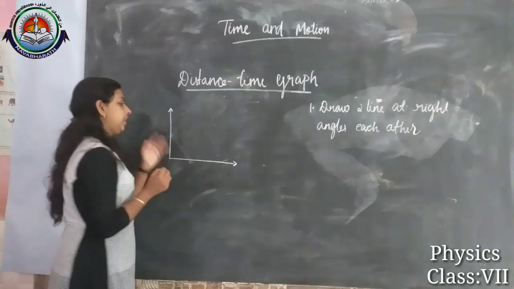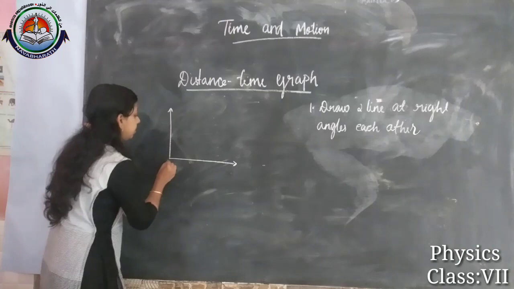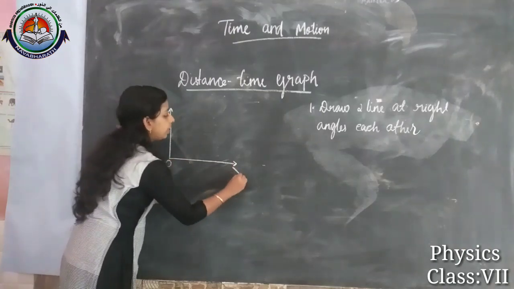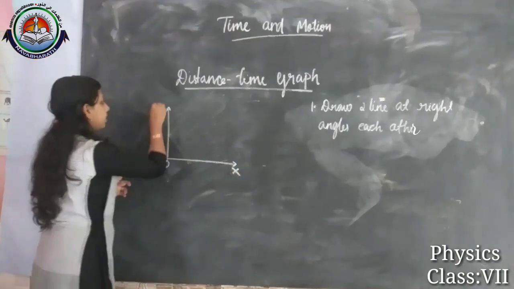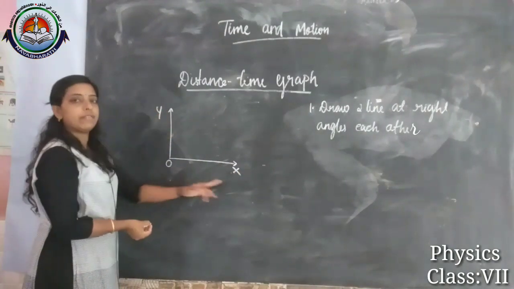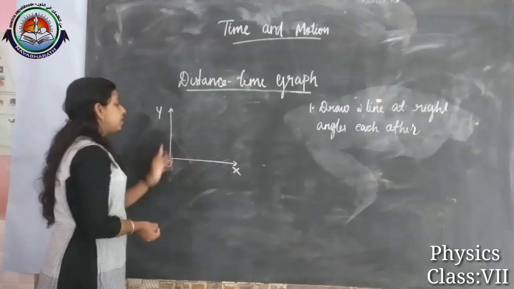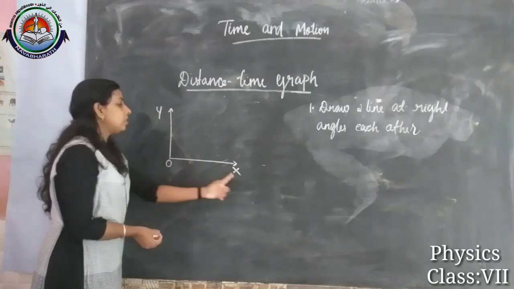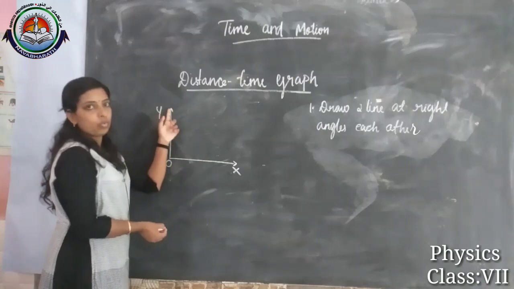Is it right? Yes. And this part we can consider as OX, and here we can write X and here we can write Y. In each case we just give a name to the line. There are 2 lines, one line is OX and the other line is OY.